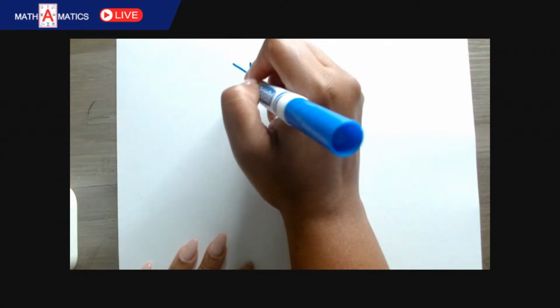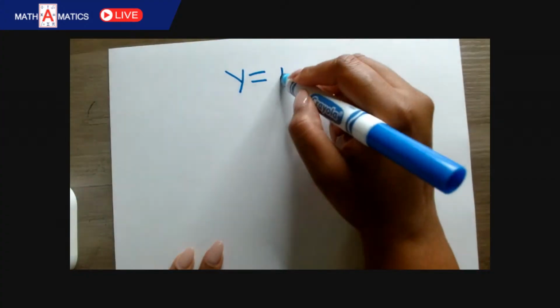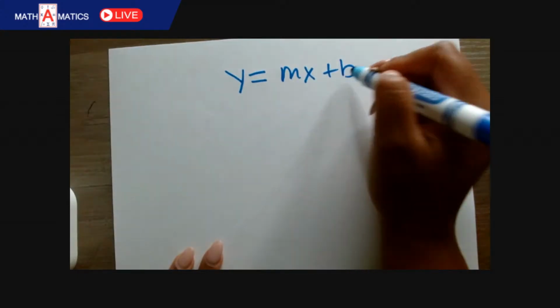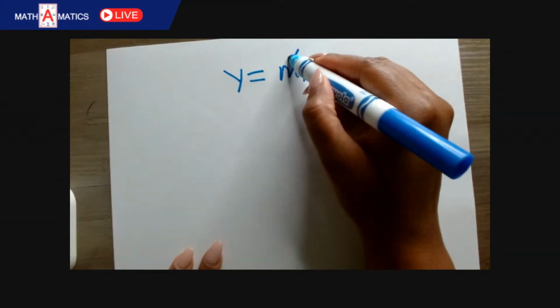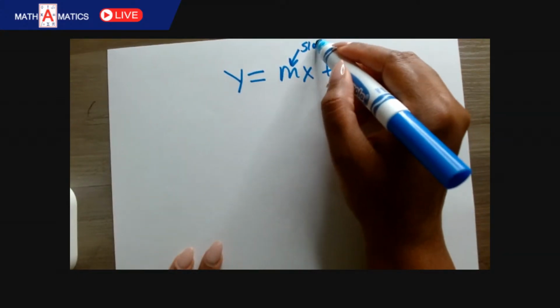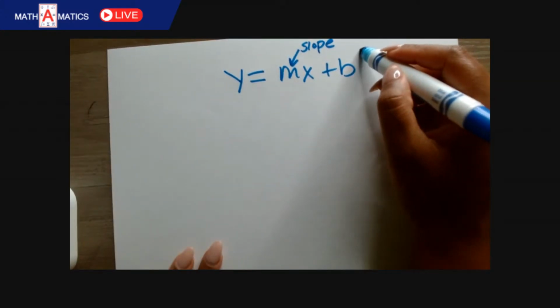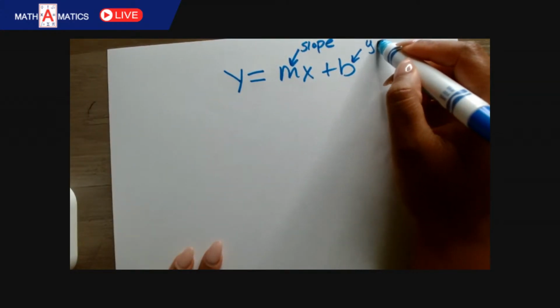Okay, so first, what is our slope intercept form? Well, that is y equals mx plus b. And what this stands for, m is our slope of the line, and b is our y intercept.